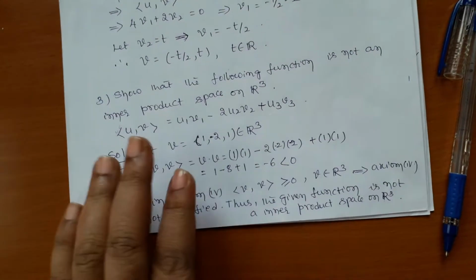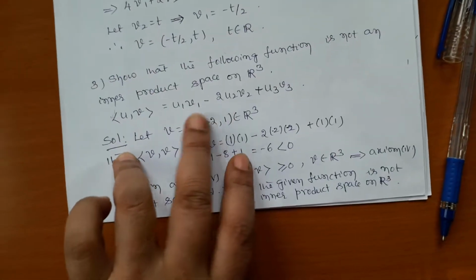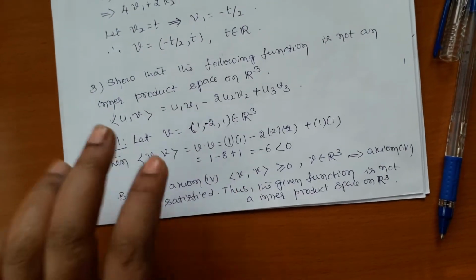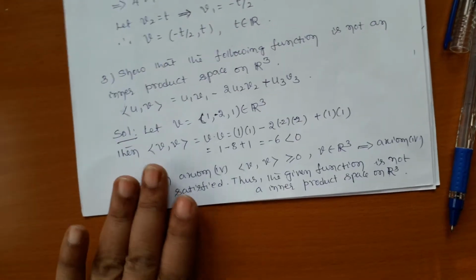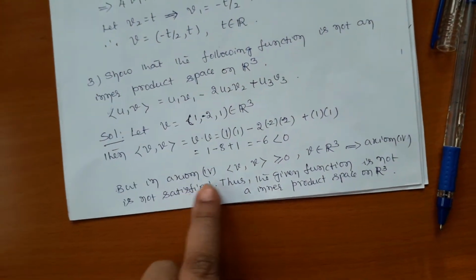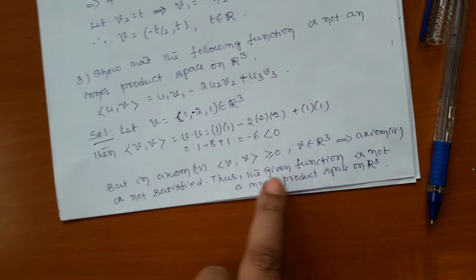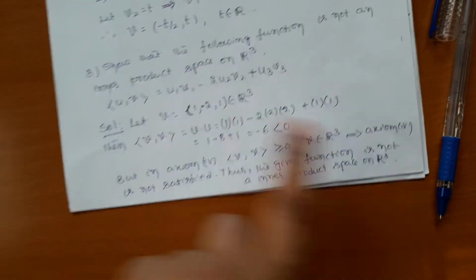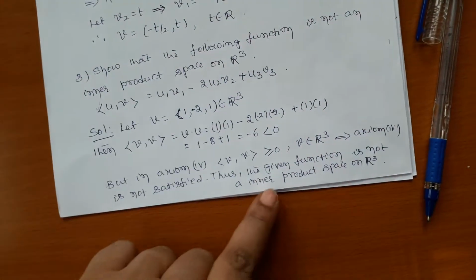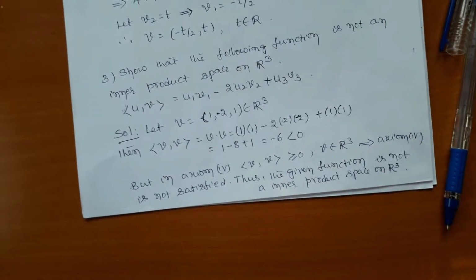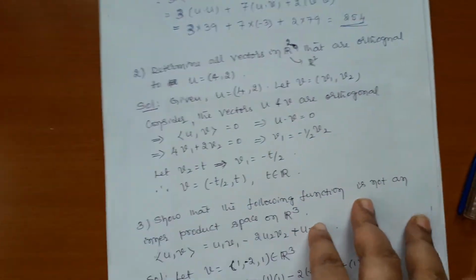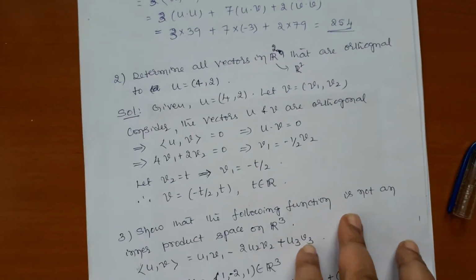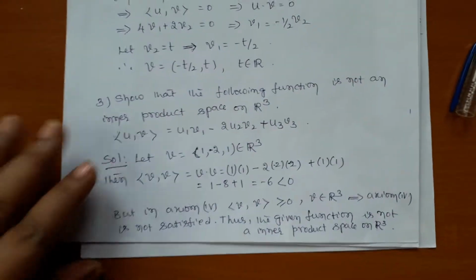Then we say that the given inner product function is not an inner product space, because it is not satisfied. So, thus the given inner product function is not an inner product space on R3, Euclidean space with dimension 3. I think everyone is clear on this.